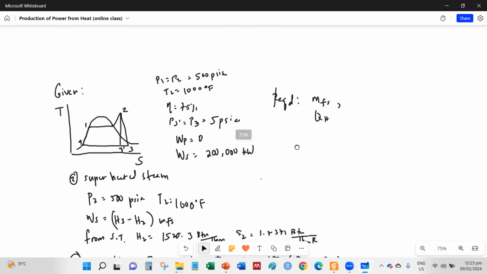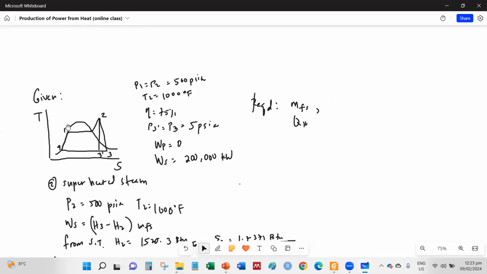Alright, so we're given a Rankine cycle, or Rankine cycle, depending on whether you're British or American, wherein steam is superheated to 1000 degrees Fahrenheit. We're given the efficiency of the turbine and also the inlet and outlet pressure of the turbine, so P2 and P3.